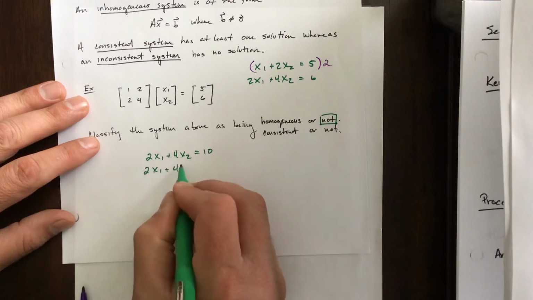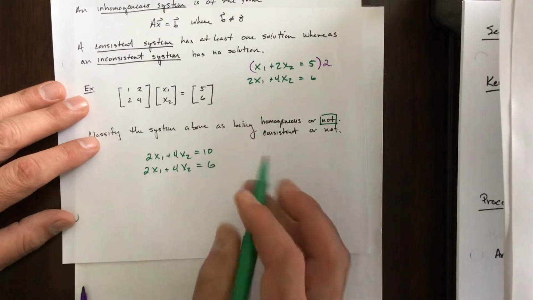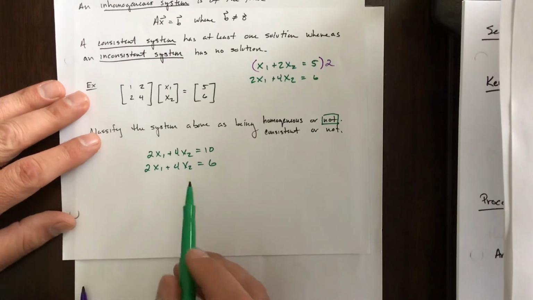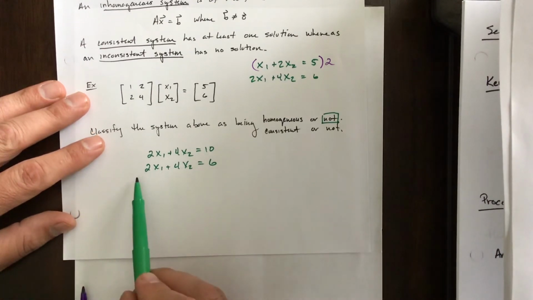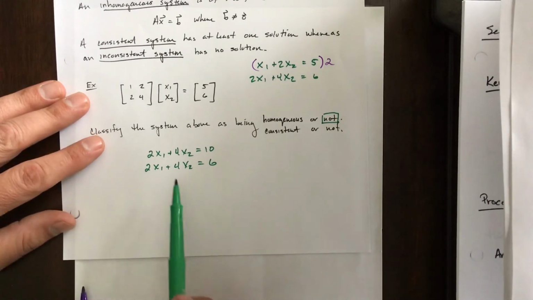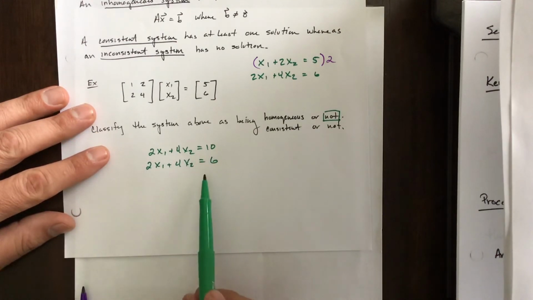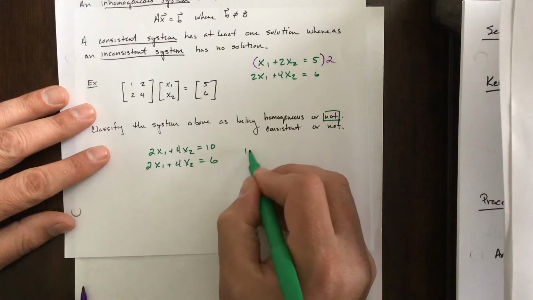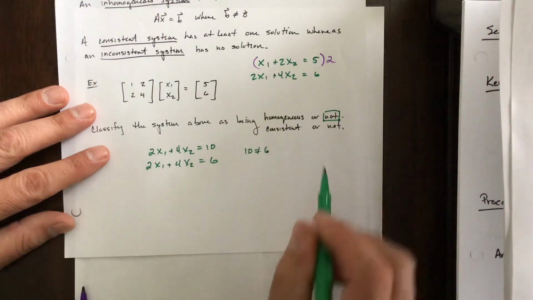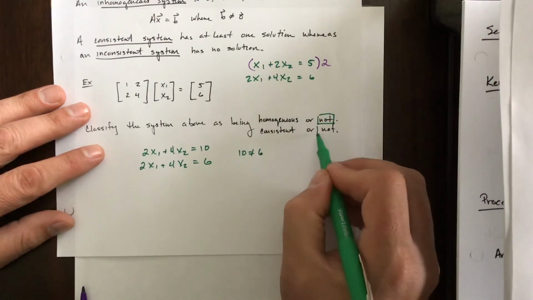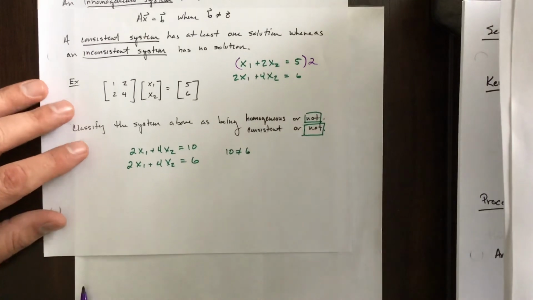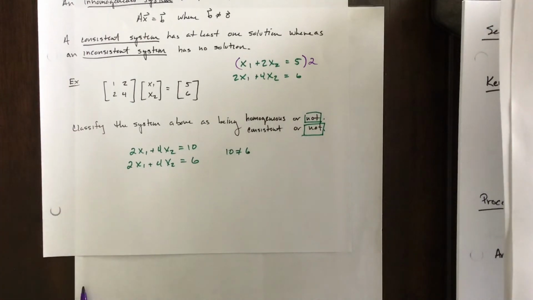And 2x1 plus 4x2 is equal to 6. So if you look at this, you can see right away the left-hand side is equal to 10. That same left-hand side is equal to 6. And since 10 is not equal to 6, the system is inconsistent. It does not have a solution.